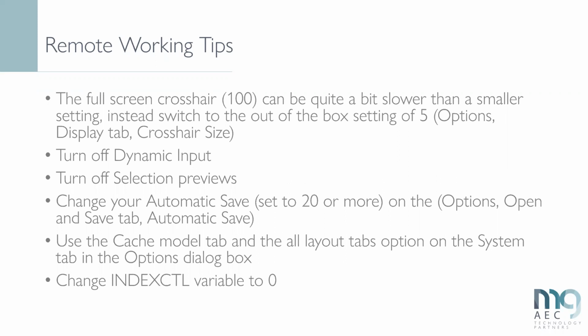Turning off selection previews, where you get that highlight around items that you're hovering over before you actually click on them. And a lot of this stuff is in the options dialog under user settings or display settings. Change your automatic save settings to 20 minutes or more, especially on VPN.